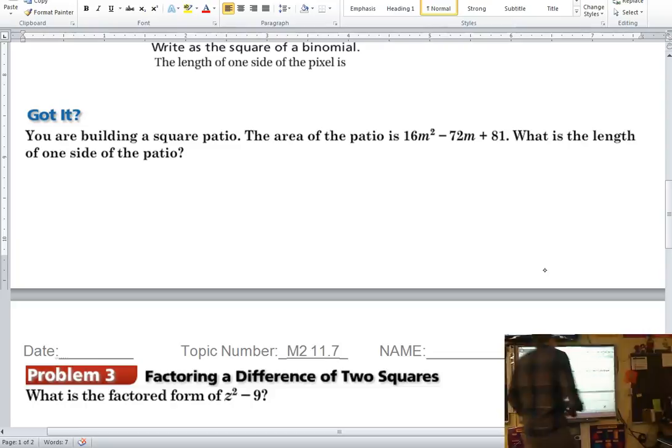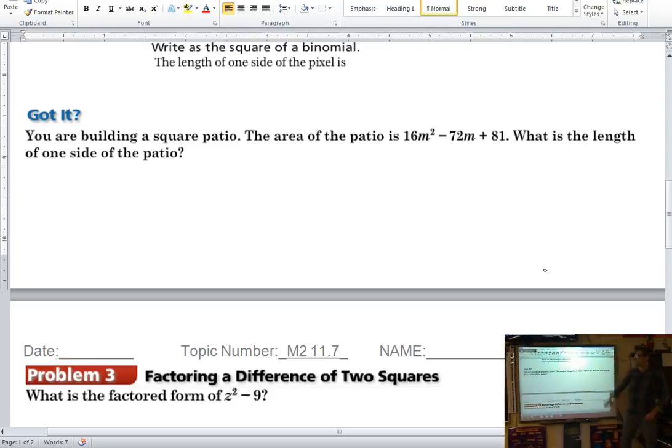What is the square root of your A? Caleb? That would be 4. Oh, actually, yeah, well, sorry, 4m. So if I write this as (4m) squared minus 72m, and then square root of 81, 9, or negative 9, and in this case, which are we going to use? The negative 9.